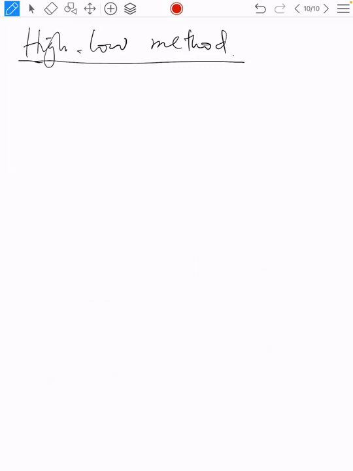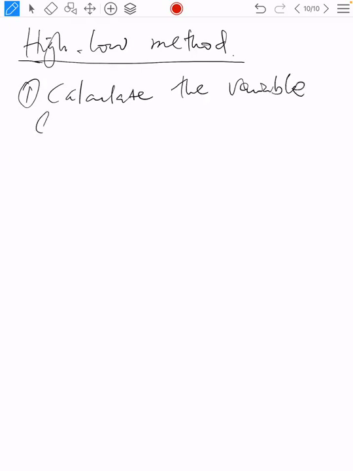It is going to calculate the variable cost per unit first.